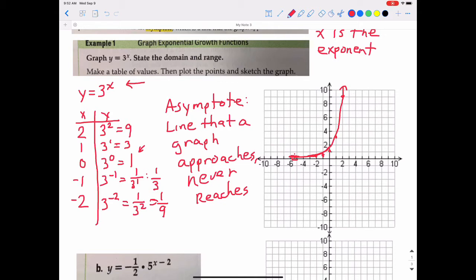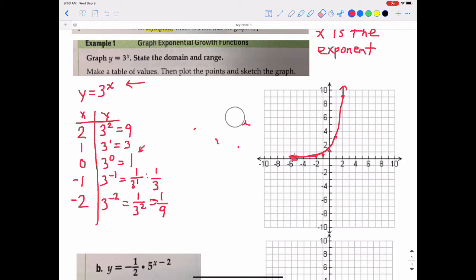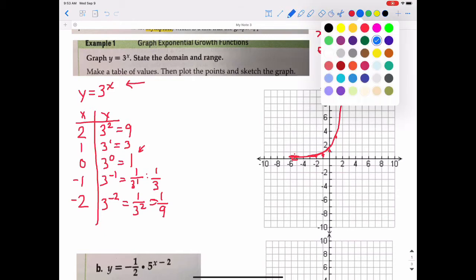Now, what we're going to do is a lot of shifting. So hopefully you've got that written down because I'm about ready to erase it. Let's do another graph that's related to y equals 3 to the x power.